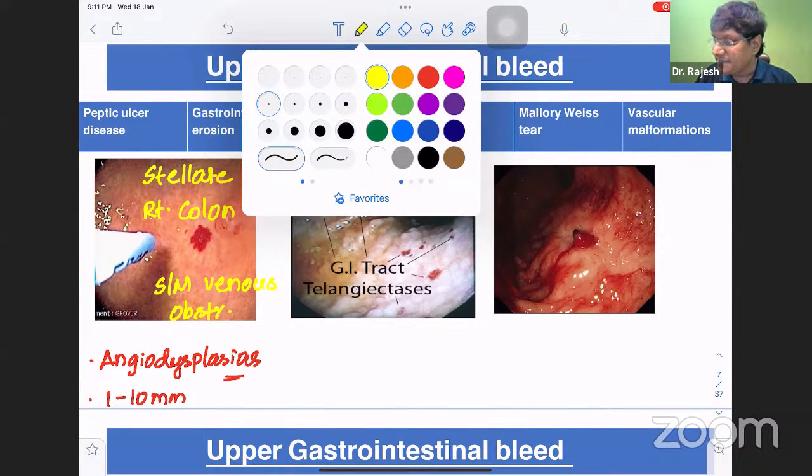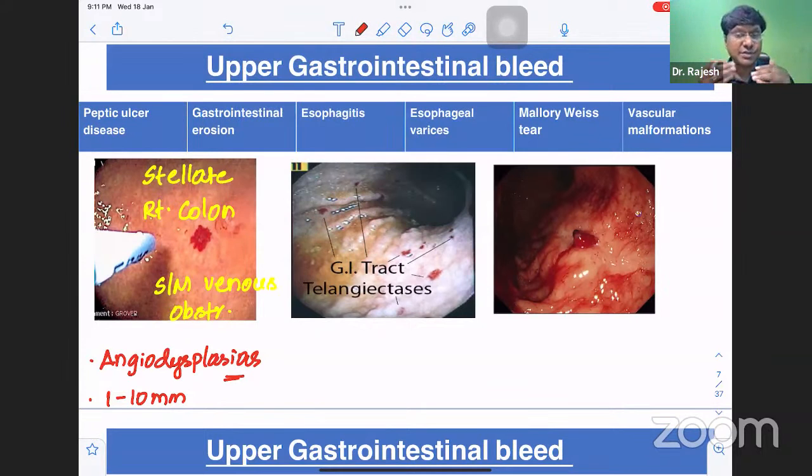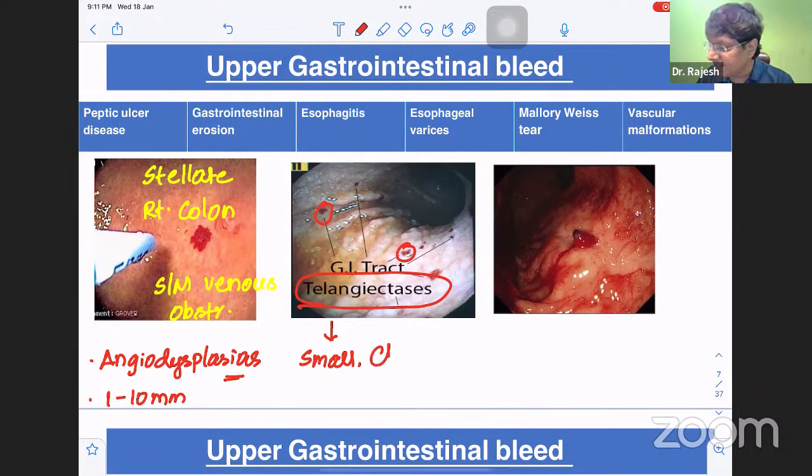Next, the second important vascular malformation which can present with gastrointestinal bleed is the telangiectasias. What are these telangiectasias? You can see here, they are very small, cherry red lesions. They are caused by dilatation of venules.